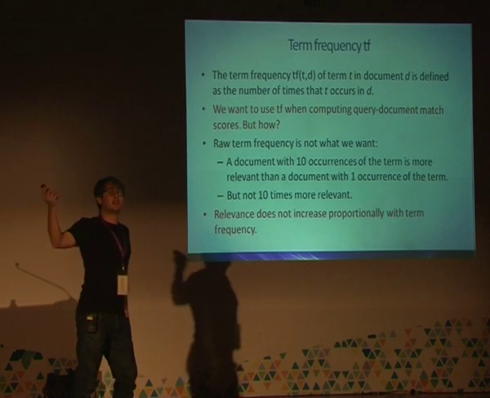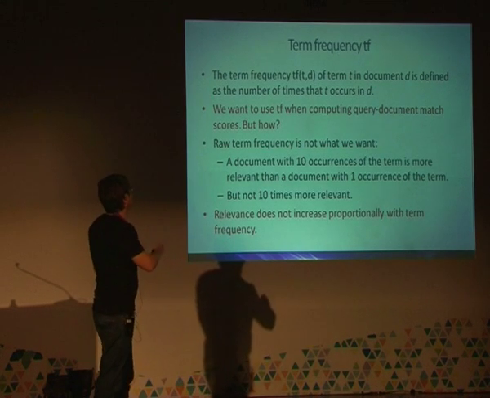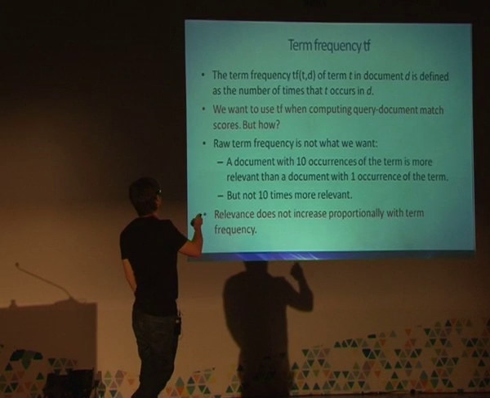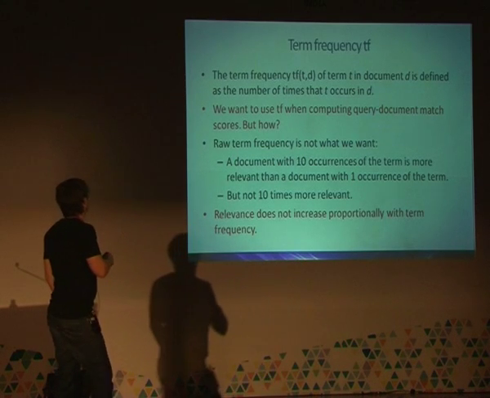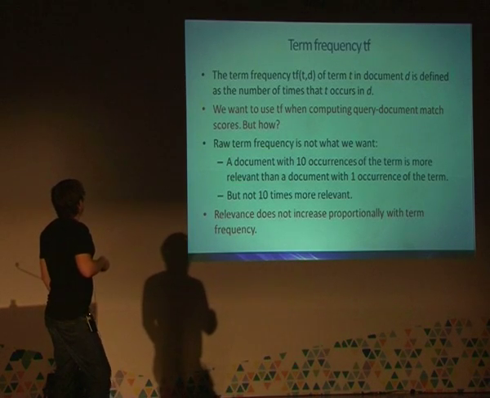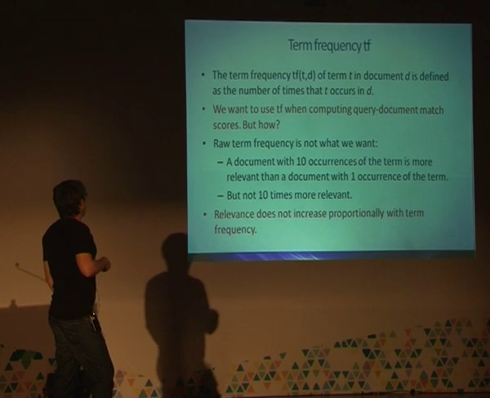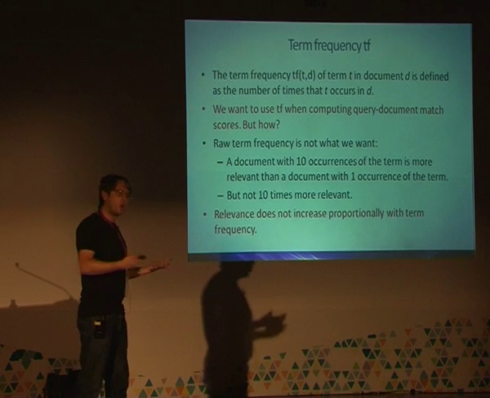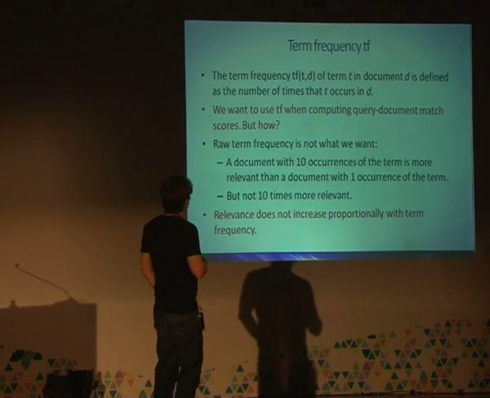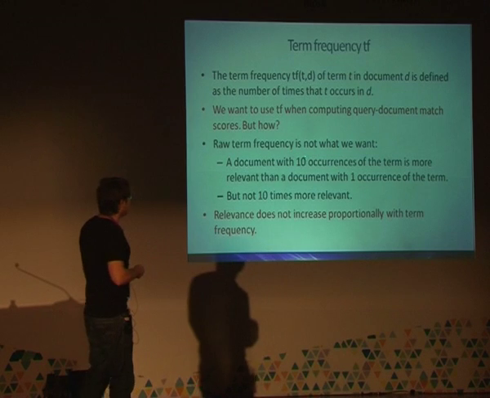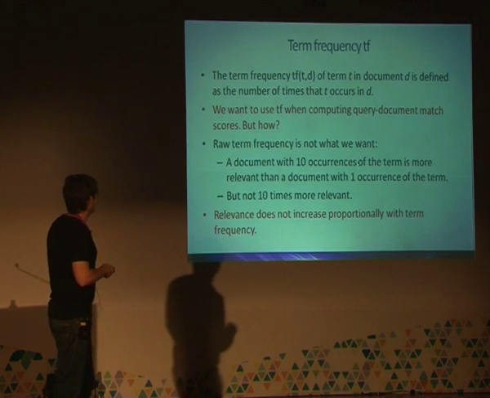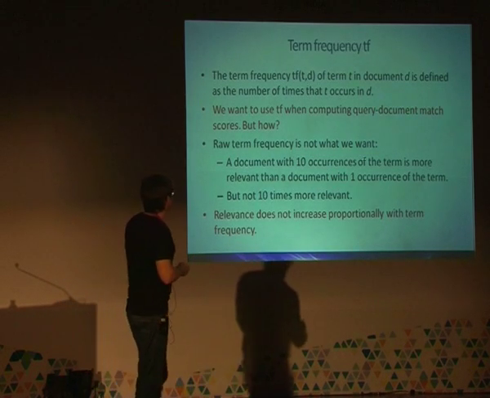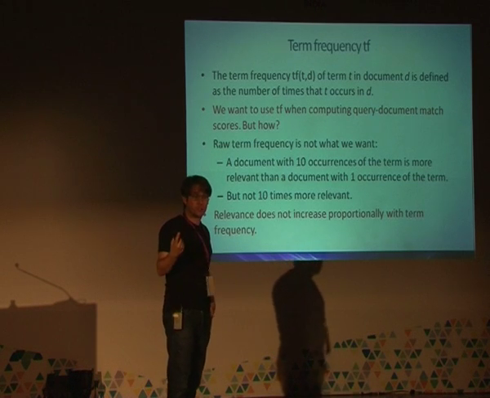So, as I said, important signals: term frequency signals. The number of times the term is in document D. Essentially, we said, the more times it occurs in the document, the better. Now, a document that has the term 10 times is more relevant than a document that has the term just once.